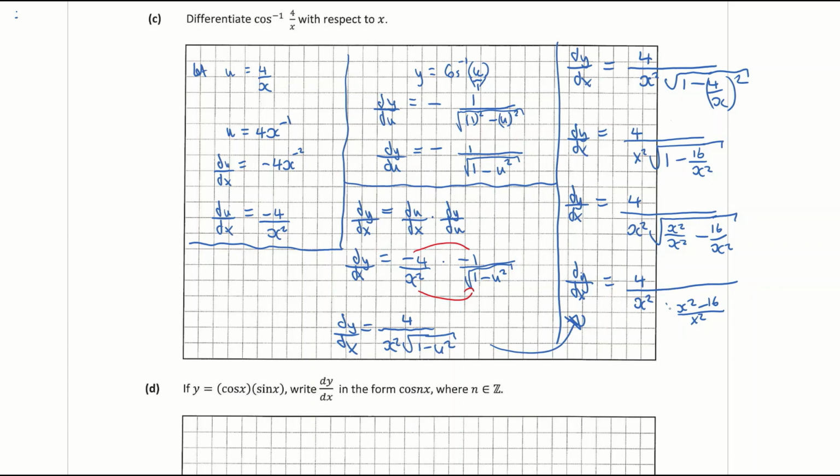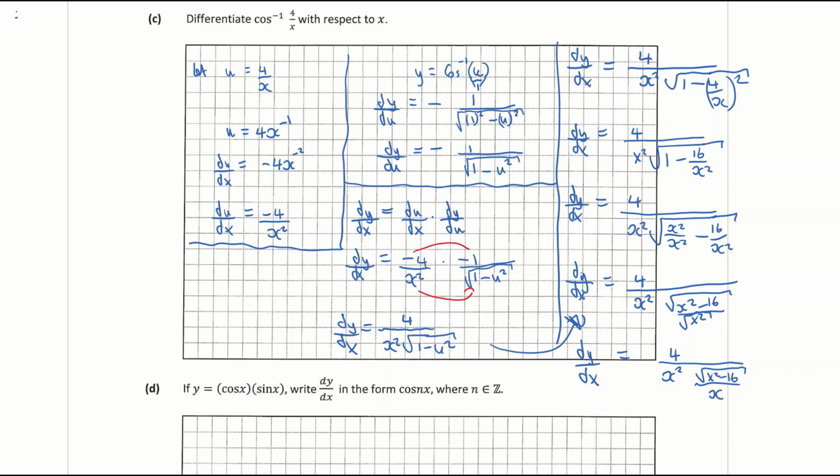So this is going to be the square root of x squared minus 16 over the square root of x squared. And the square root of x squared, which is x by x, just cancels to be x. So dy/dx is equal to 4 over x squared multiplied by the square root of x squared minus 16 over x.